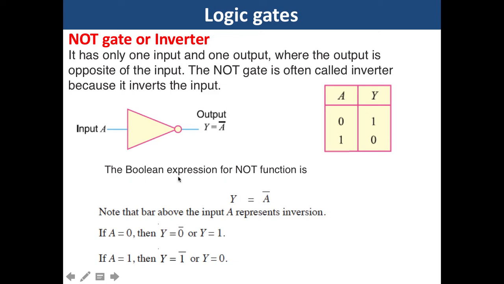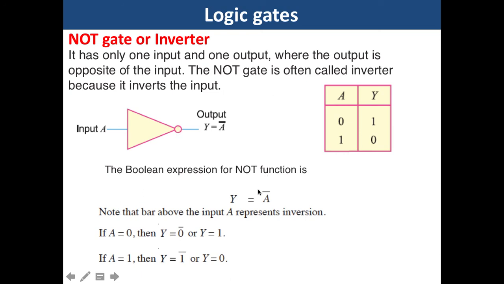The Boolean expression for the NOT function is Y is equal to A bar, and the truth table: if the input is 0, then the output is 1. If the input is 1, then the output is 0, and this bubble sign shows the inversion.